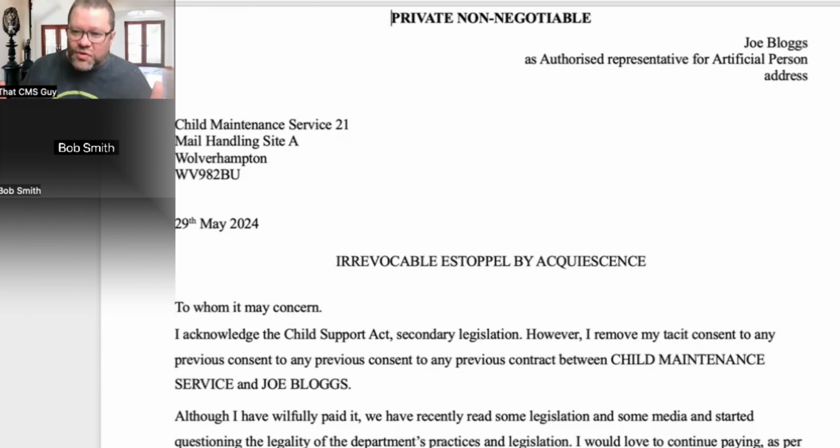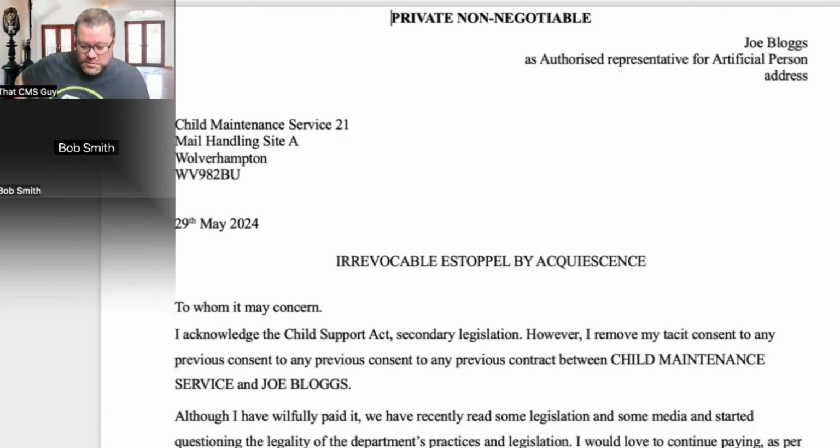I'm paying well over the odds. Why is this being allowed to happen? So, Bob, if you could explain what corporate law is and how people are getting into this acquiescence, these unknown agreements that they're making with CMS unknowingly, unwittingly.